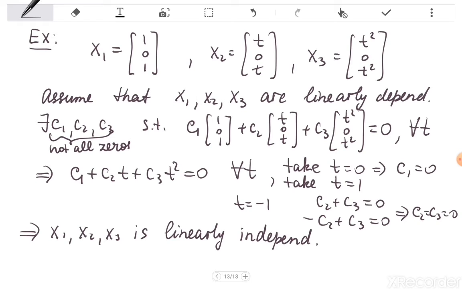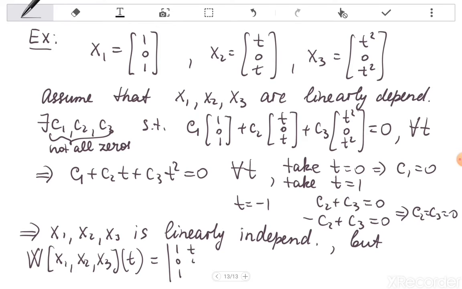Okay, the set is linearly independent, but if we calculate the Wronskian of x1, x2, x3 at any point, this will be the determinant with rows 1, 0, 1; t, 0, t; t squared, 0, t squared.